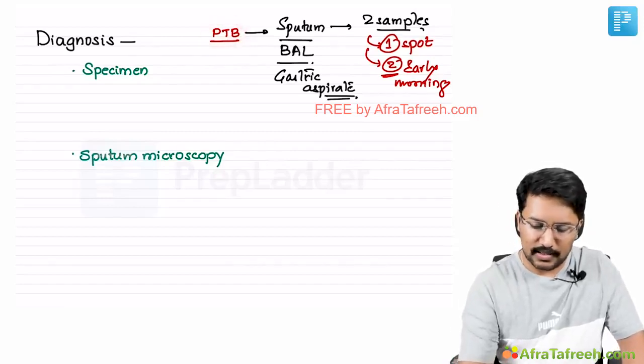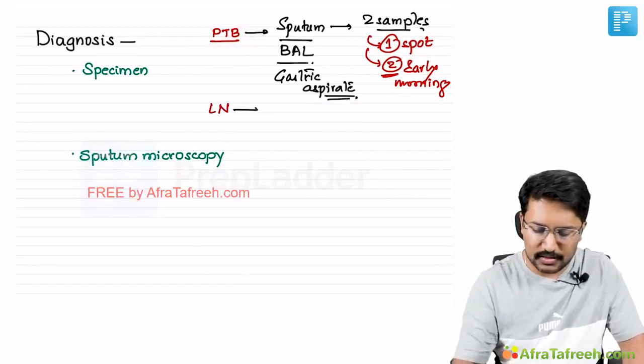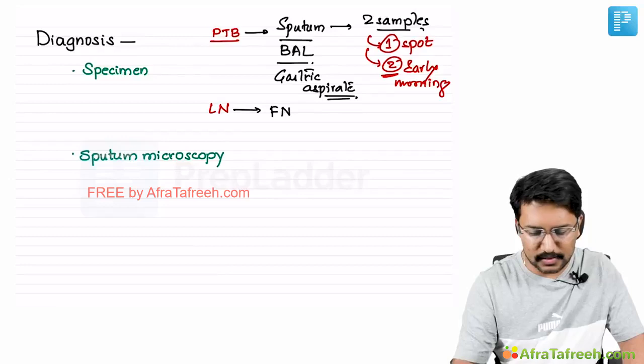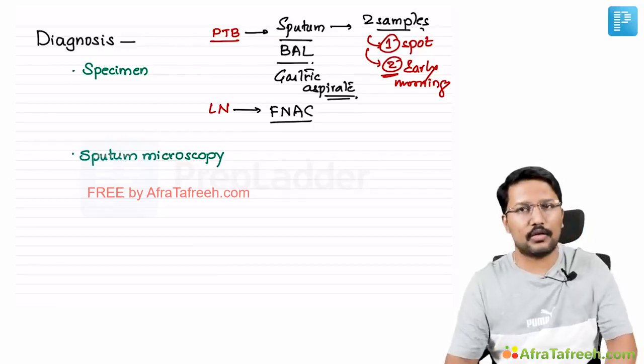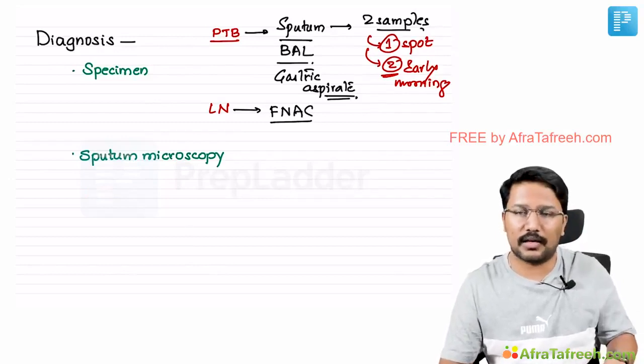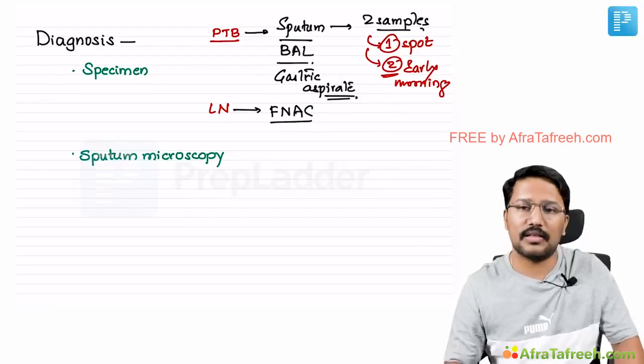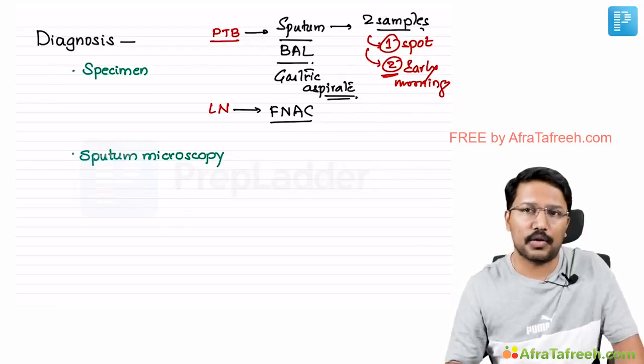Now, what is the ideal specimen for diagnosis of lymph node tuberculosis? The starting point, as we have already discussed, is FNAC. You can consider open biopsy if FNAC is non-diagnostic, or FNAC turns out to be negative and you strongly suspect lymph node tuberculosis. In that case, yes, you can go with the open biopsy.